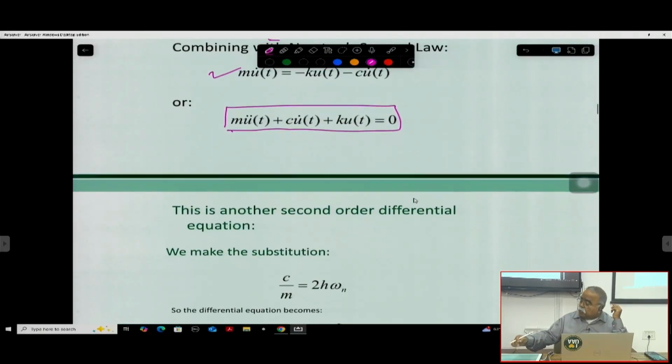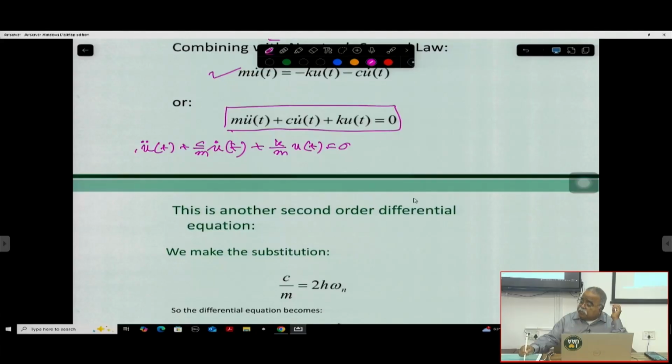Doing it in the same manner: u double dot(t) plus C by m times u dot(t) plus K by m times u(t), right? So that's our equation if we do it this way.